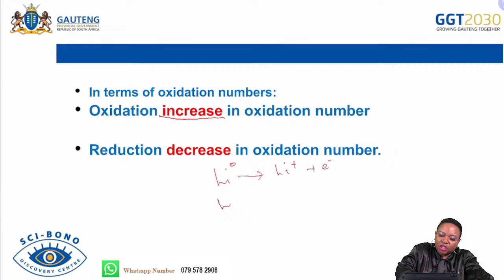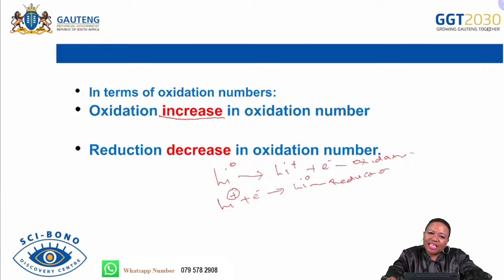However, if you see lithium ion gaining that electron that it has lost and going back to lithium, from +1 to 0, this is an example of reduction in terms of the oxidation numbers. Therefore, you always check in which terms you need to explain your oxidation or your reduction.